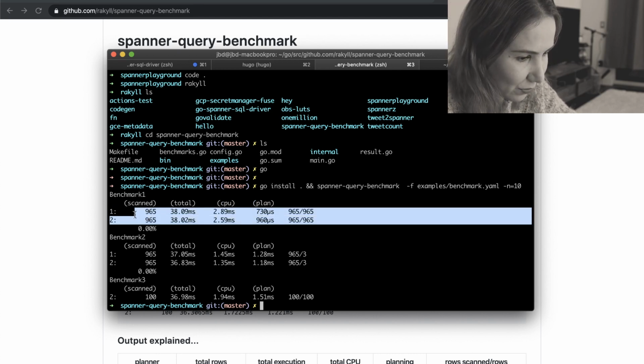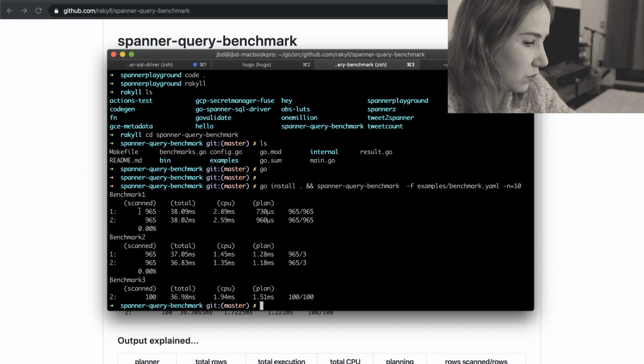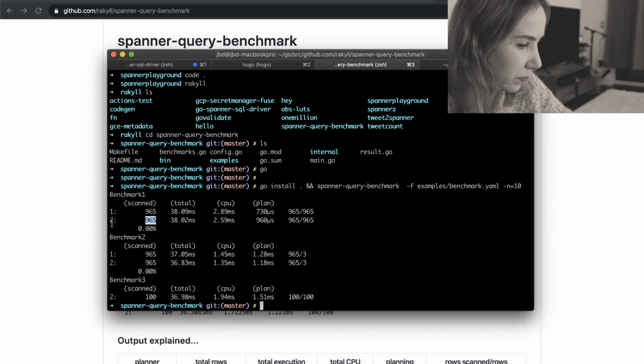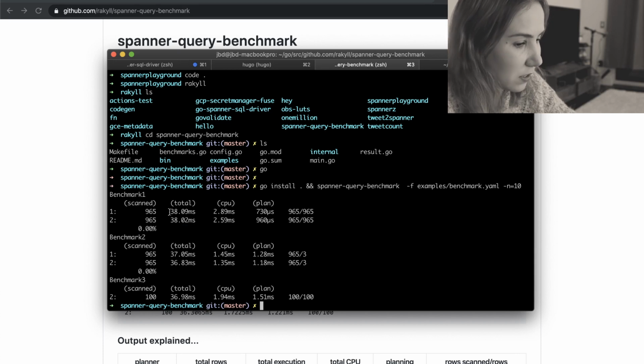But in my simple tool, at least you can see the number of rows scanned in both of the query planners, and it's 965 in each, so there's 0% improvement. And then you can see the total elapsed time, as well as the CPU time, and the planning time.